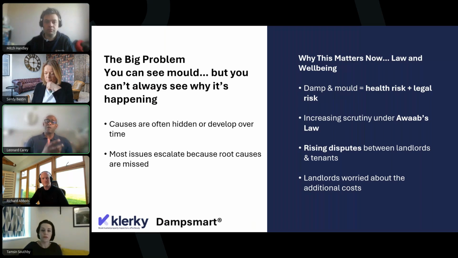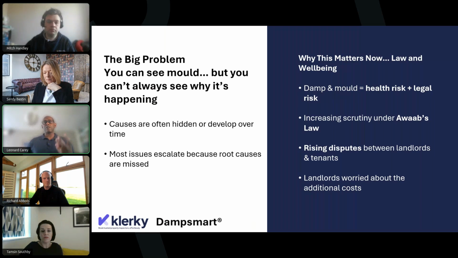You can see the mould, but you don't know how it started and how far it's going to go. Is it going to be quite severe? That puts people in a bit of an odd and sometimes frustrating situation where you've got landlords and tenants and contractors, lawyers, everybody not quite sure what the problem is, and everybody comes up with their own reasons.